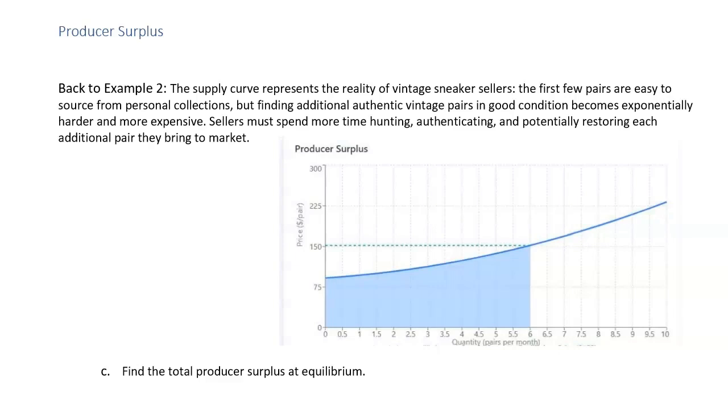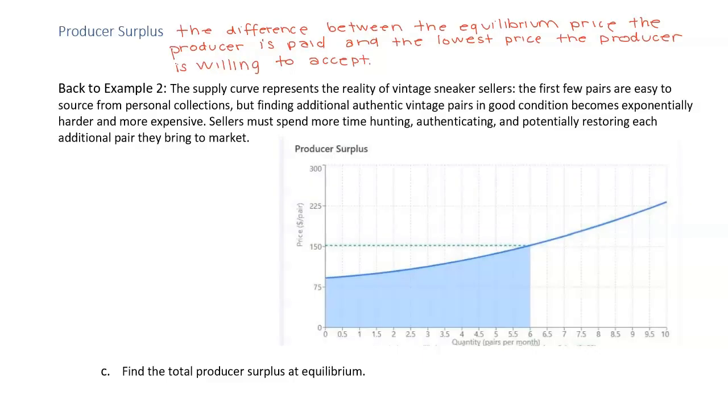Producer surplus is the difference between the equilibrium price the producer is paid and the lowest price the producer is willing to accept. We are going to go back to our sneaker example, and this is from the vantage point of the sneaker sellers.